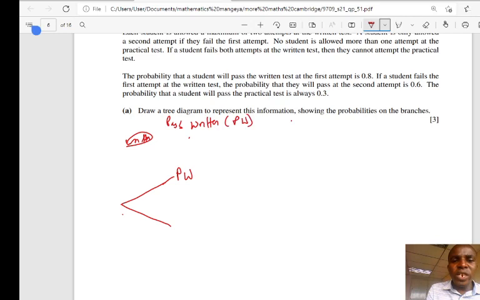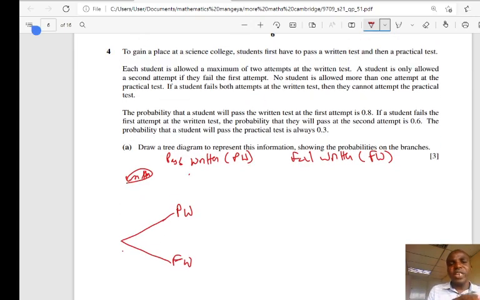Then fail written, that's FW. So it's pass written or fail written, like this. Then it's either you can pass written or you can fail written, right?